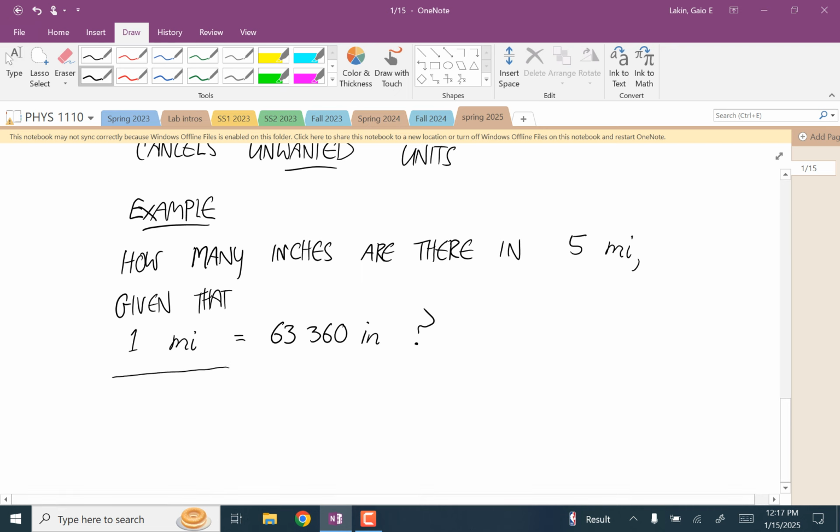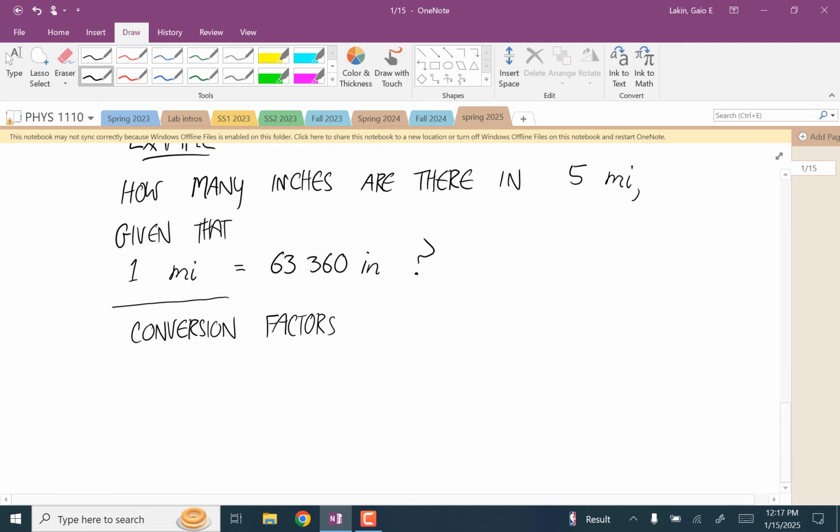So we have this one equality. That gives us two possible conversion factors. The first one is 1 mile divided by 63,360 inches. That's equal to 1. And that's also equal to 63,360 inches divided by 1 mile.